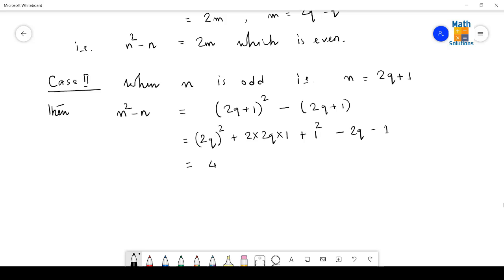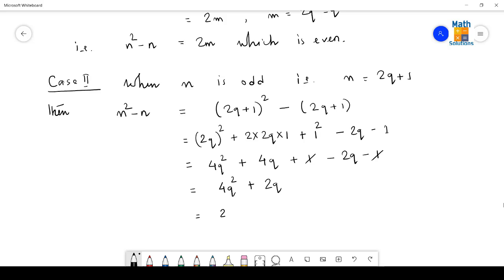Again, in the next step, I shall get 4q square plus 4q plus 1 minus 2q minus 1. So plus 1 minus 1 got cancelled. I get here 4q square plus 4q minus 2q. The result I get is 4q square plus 2q.